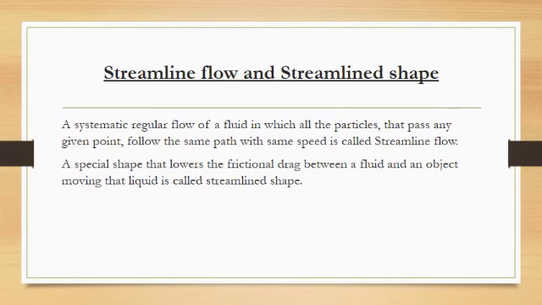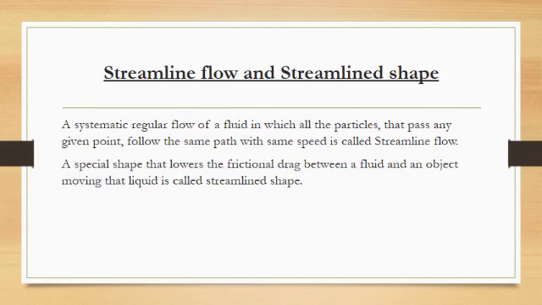These shapes are called streamlined shapes. And there is one more term related to fluid friction, that is streamline flow, a systematic regular flow of fluid in which all the particles that pass at any given point follow the same path with the same speed.